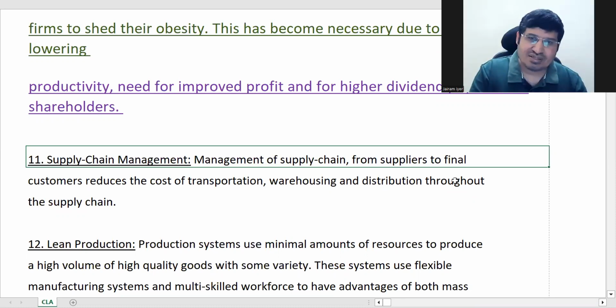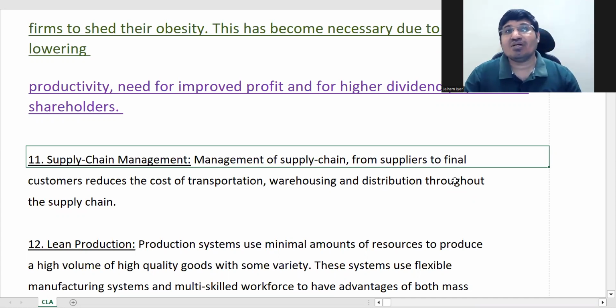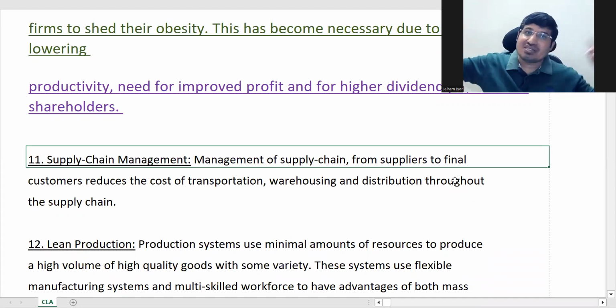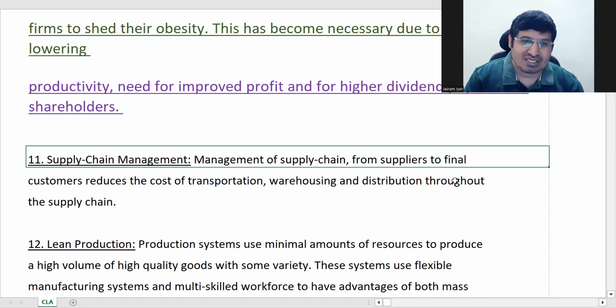Okay, the supply chain management is basically the entire supply chain. That is right from when you are getting the raw material from your supplier, then your manufacturing, then sending it out to your customer. That entire chain is your supply chain.